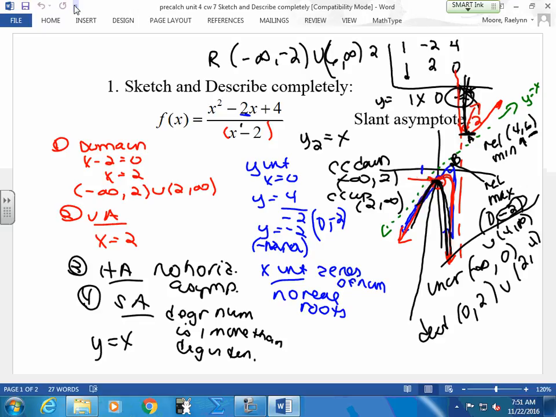Are we seeing this? The key to this, guys, listen to me carefully. The key is first factor whatever can be factored. Factor and reduce whatever you can. What's left, we'll always find your domain first, after you factor. Then when you reduce, go to your vertical asymptotes.